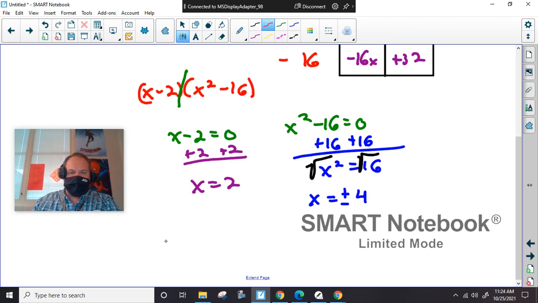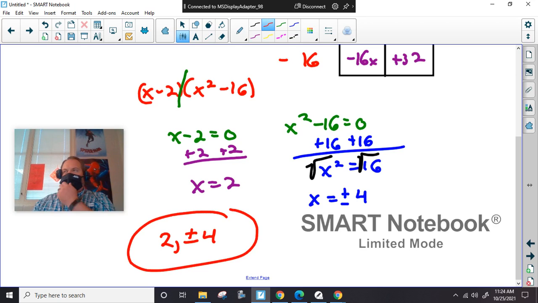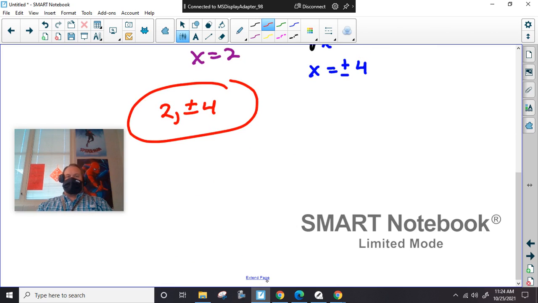So our final answer is this right here. Yes, you have to put the plus and minus, because if not, you're not labeling all the zeros. The direction says we're finding the zeros. This is basically where we're finding the x values where y is 0. The x-intercepts.